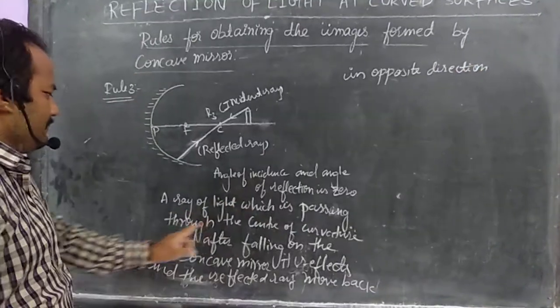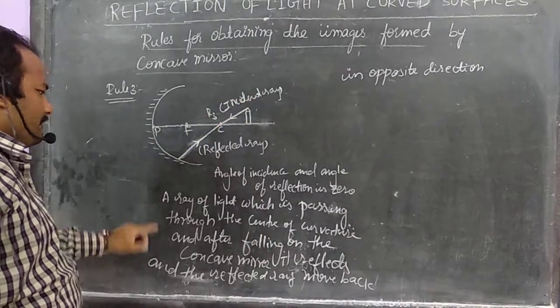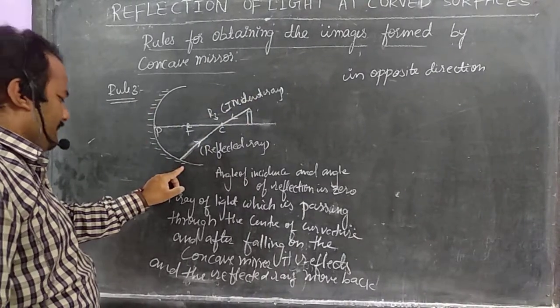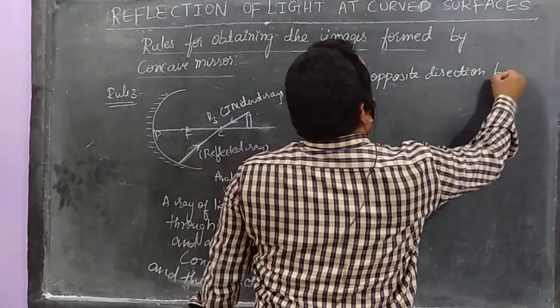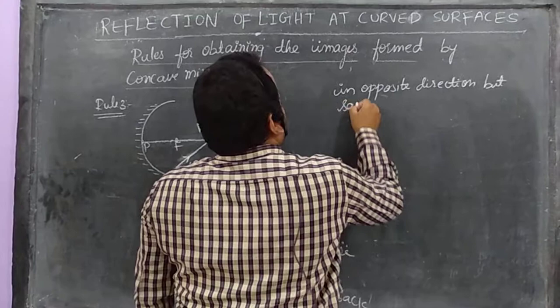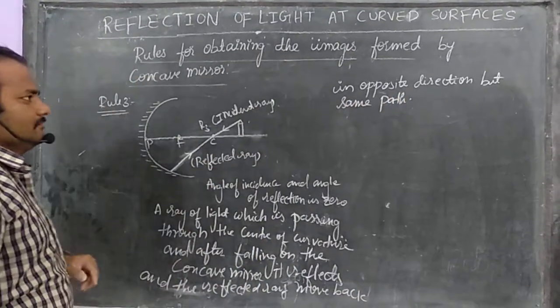See, a ray of light which is passing through the center of curvature, after falling on the concave mirror, it reflects and the reflected ray will move back in the opposite direction but on the same path. The path is the same but the direction is different.